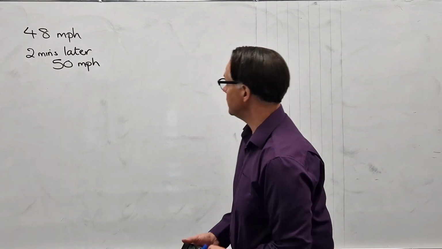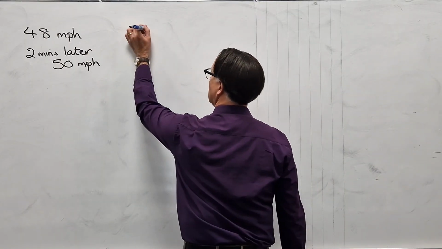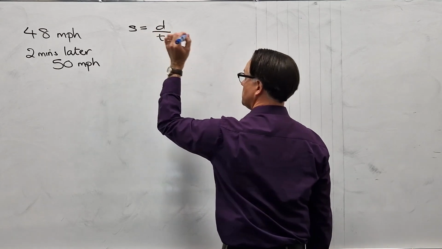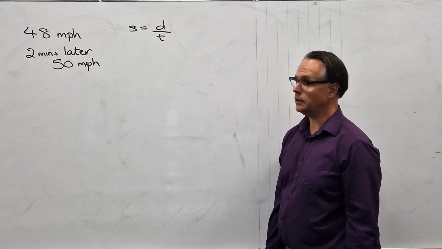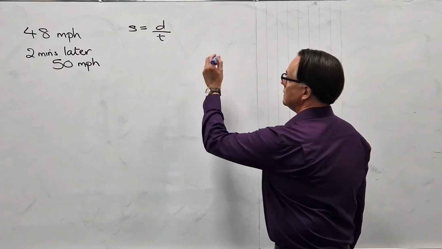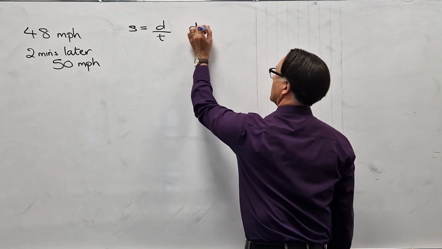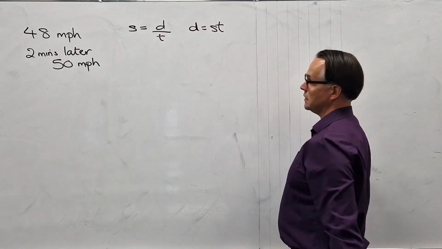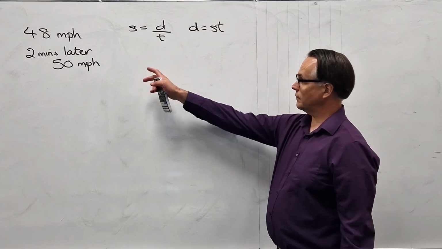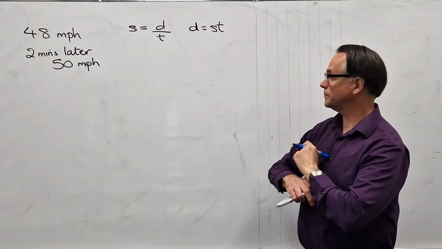Now, we know that speed equals distance divided by time. That's a formula that you all know. So what that means is that distance equals speed times time. And we can use that here.